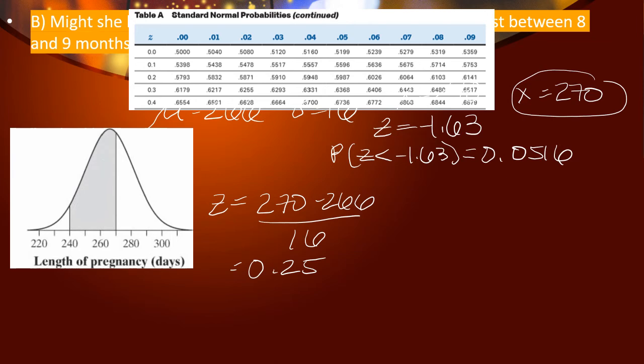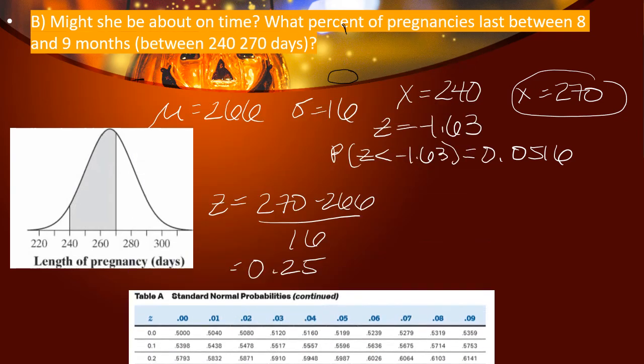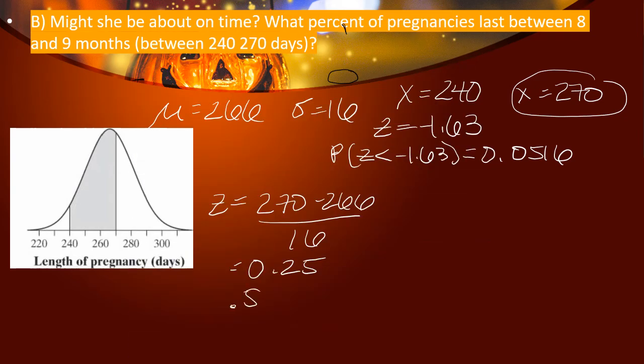So I'm going to look at my table and look at 0.25. So looking here, I have 0.25. Hey, right there, 0.5987. So that equals 0.5987. Now I'm not even close to done. That is all of this region, right?